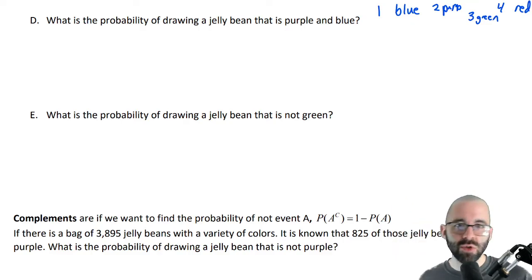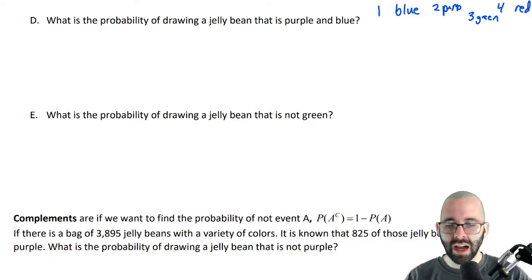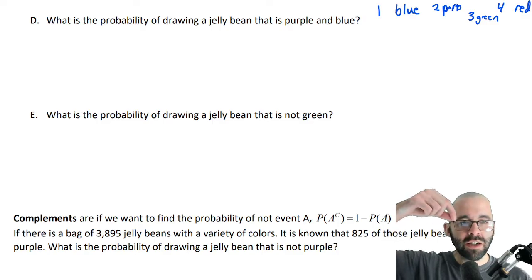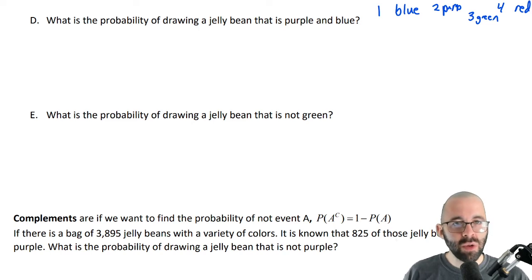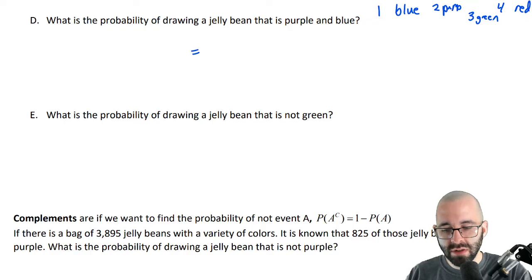So what's the probability of drawing a jelly bean that is purple and blue? Well, how many purple and blue jelly beans? What's a single jelly bean that's purple and blue? How many of those do we have? We don't have any. Right? All of our jelly beans are a single color. That's going to be 0 out of 10 or 0%.